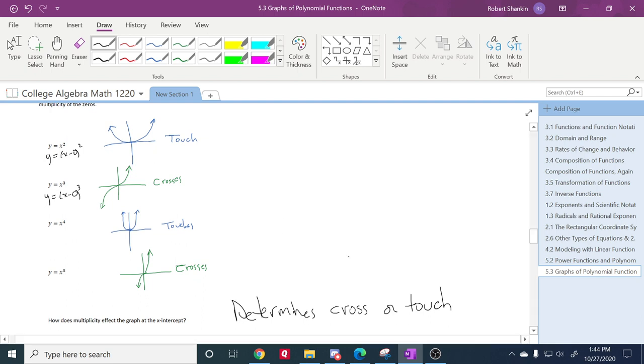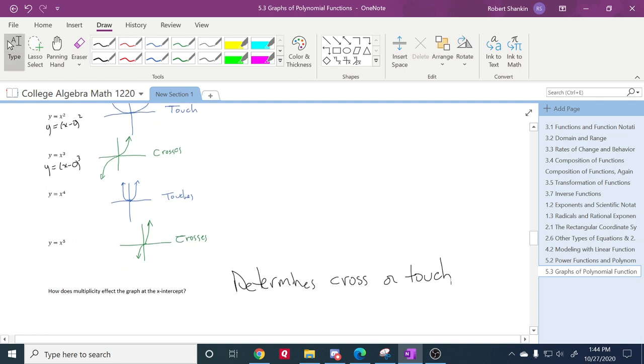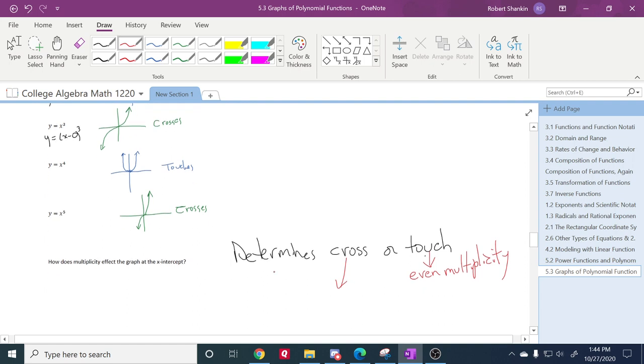Which one, even or odd, does what? I think even means that it touches and odd means that it crosses. So touch is when you have an even multiplicity, and cross happens at an odd multiplicity.